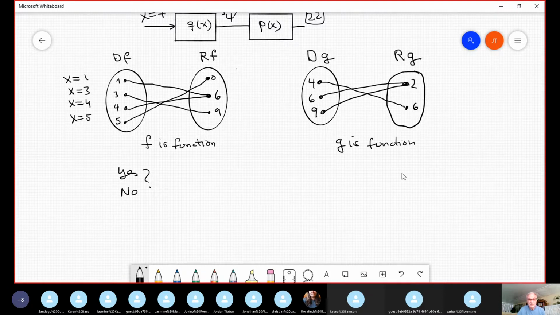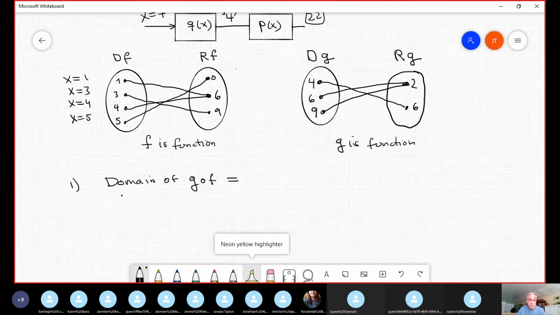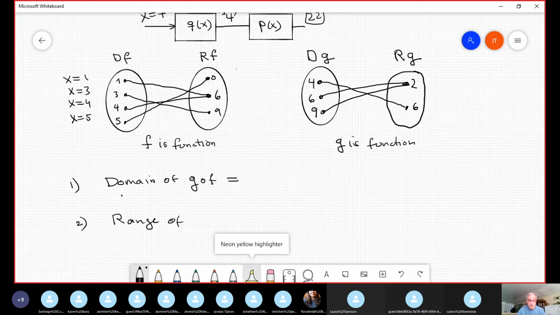So my goal is, okay, what's the question? The question is: determine the domain of G composition F. And the second question, 2 questions, 2 answers, is the range of the same G composition F. The domain and range of the composition.